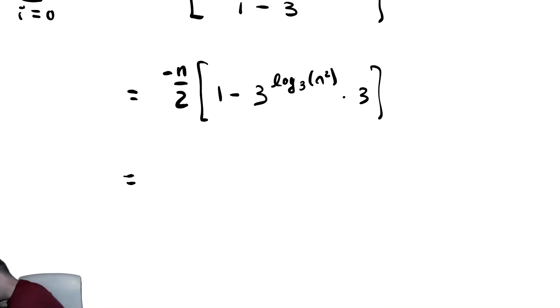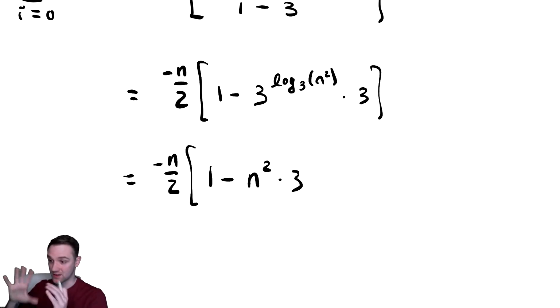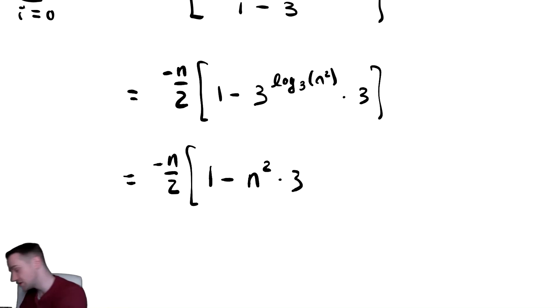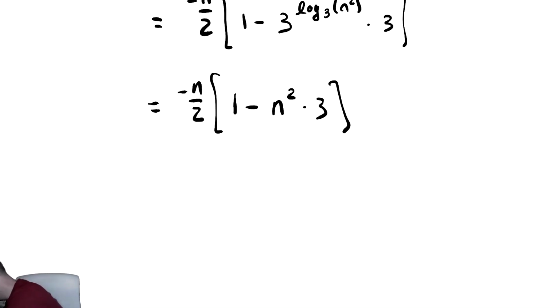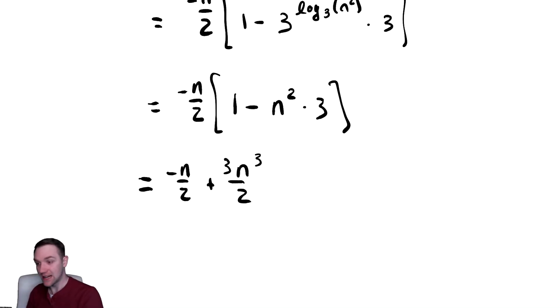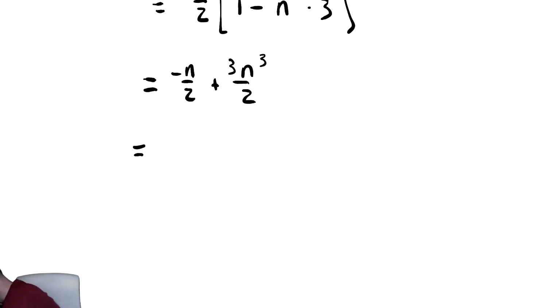This is equal to negative n divided by 2 times 1 minus, I can rewrite 3 to the log 3 of something as the something, because 3 and log base 3 in terms of exponentiation and logs are inverse functions of each other. Let's now distribute the negative n over 2. This is equal to negative n over 2 plus n cubed times 3 divided by 2. I don't like the leading term being negative, so I'm going to rewrite this as 3n cubed divided by 2 minus n divided by 2.